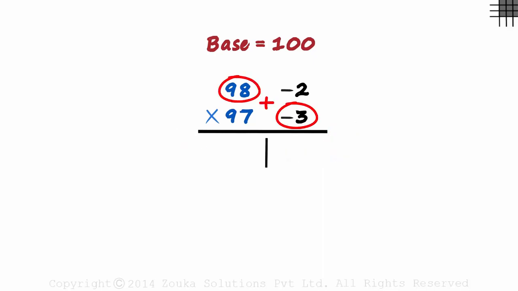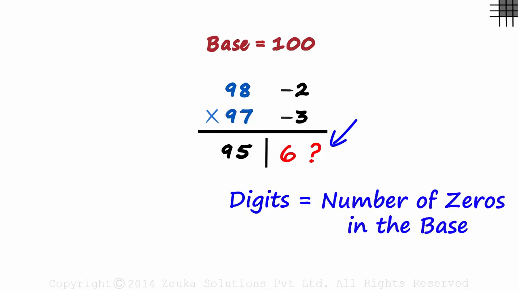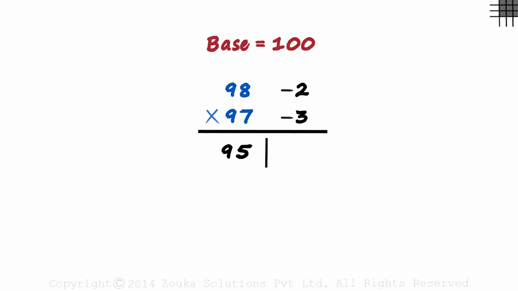98 plus minus 3 is 95. Even 97 plus minus 2 will give us 95. And minus 2 times minus 3 is 6. So should we write a 6 here? Don't forget, the number of digits on the right will be equal to the number of zeros in the base. As there are 2 zeros in 100, there will be 2 digits here. 6 will be written as 06.